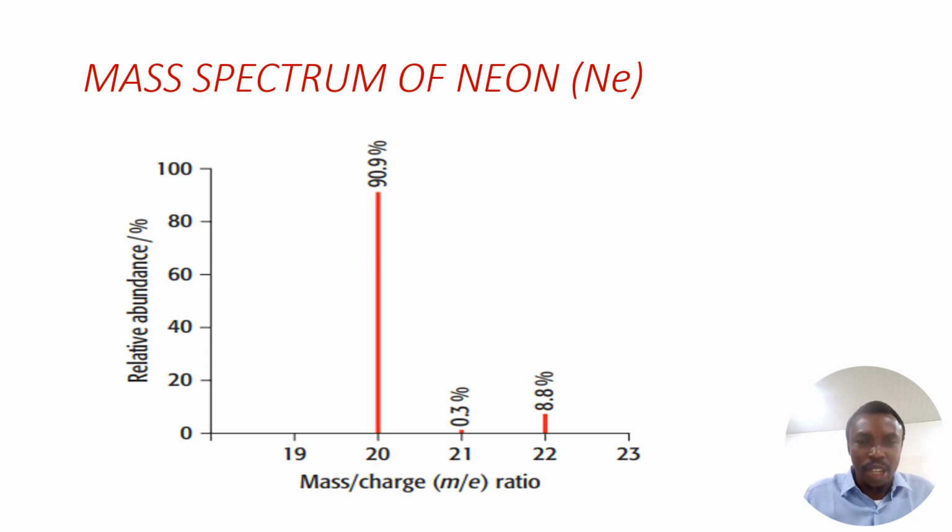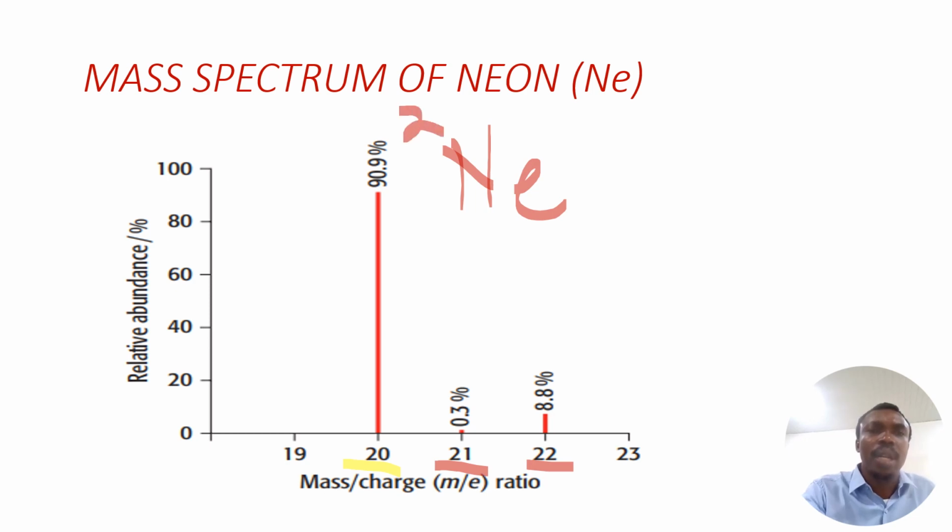For neon, you can see the peaks neon 20, neon 21, and neon 22. You can see neon 20 is the tallest peak. The tallest peak is the most stable peak, the peak that has the highest relative abundance. The most abundant peak is the tallest peak.